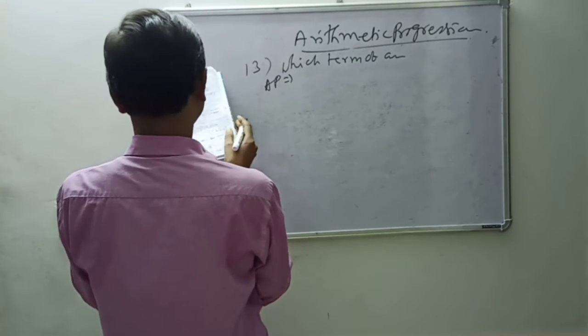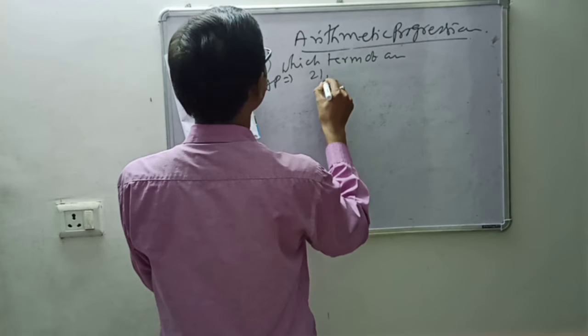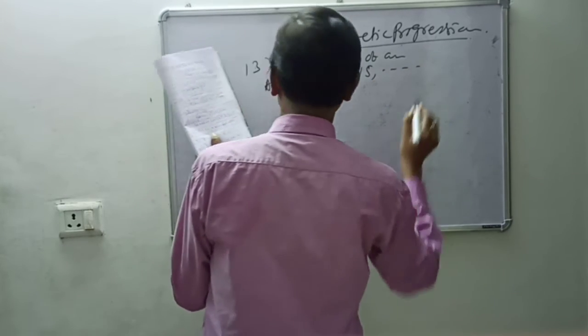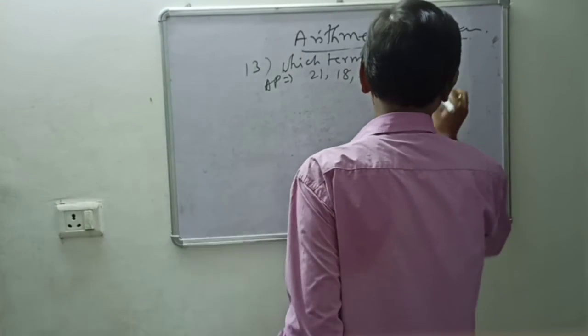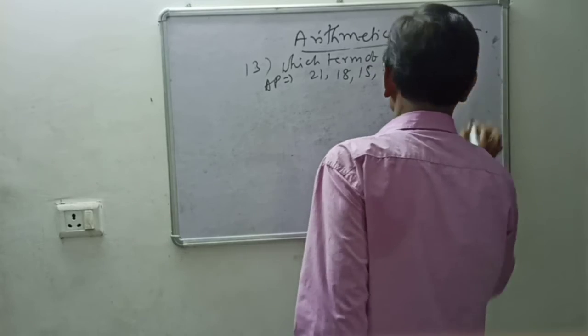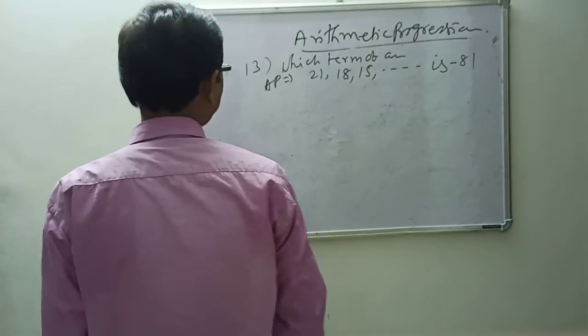The AP is 21, 18, 15, and so on. In this sequence, which term is minus 81? So you have to check here.